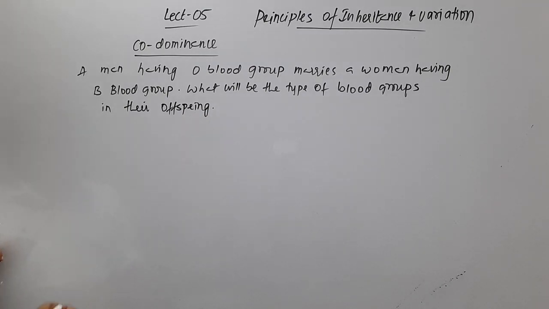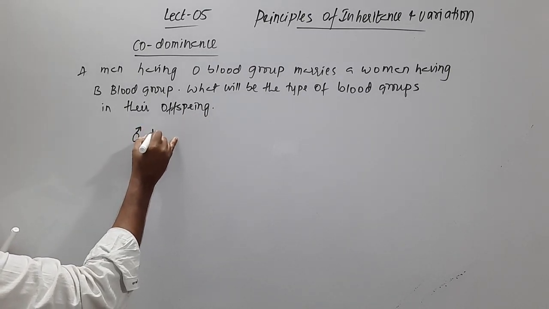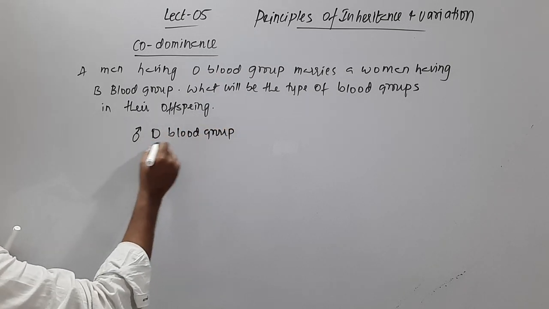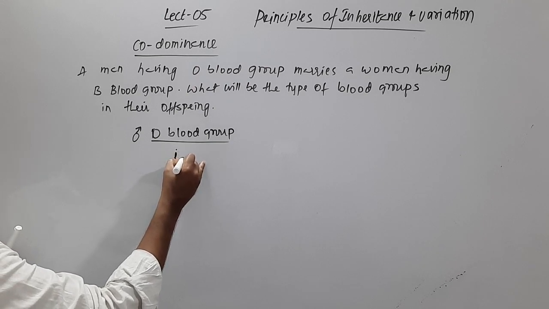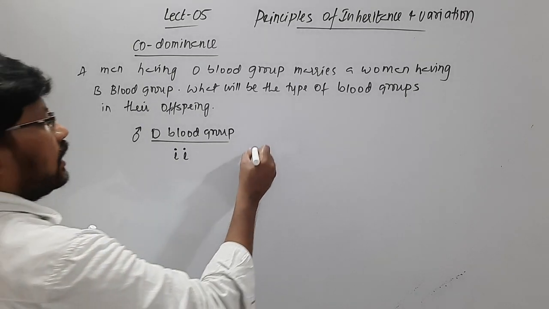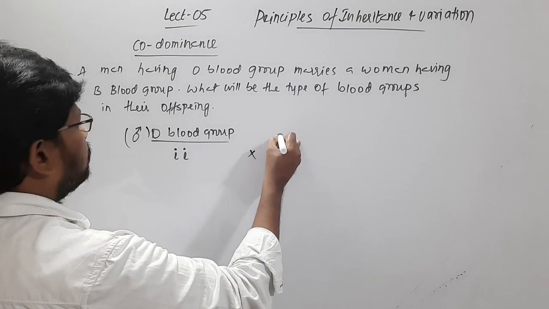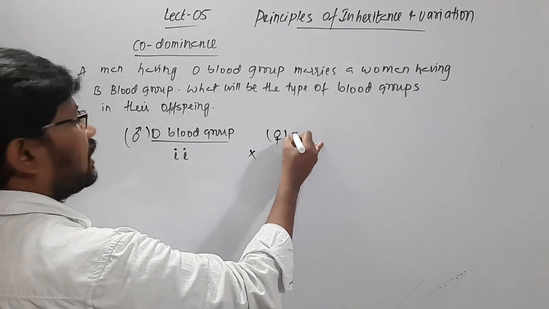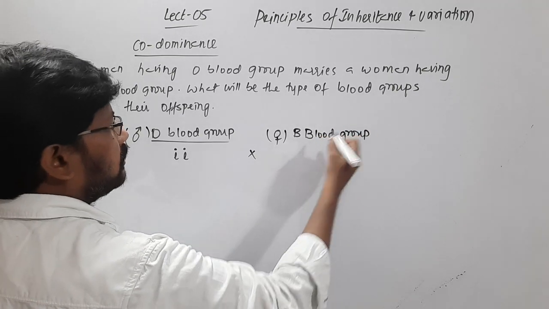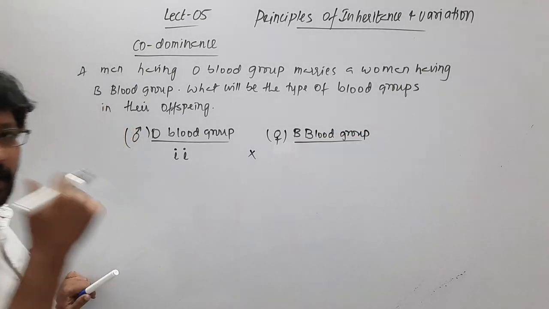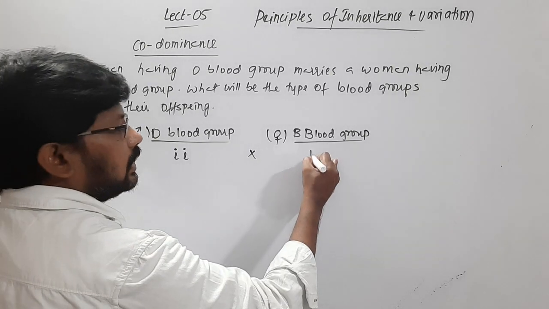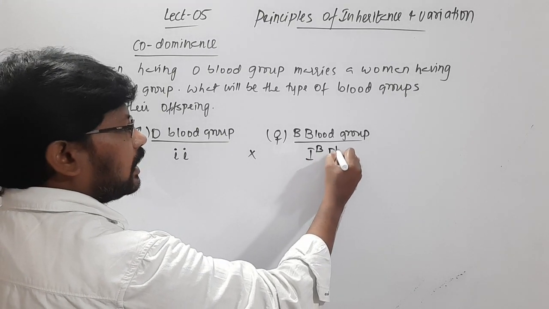So let's see. In the male, I said it is O blood group, and we know O blood group gets expressed in homozygous condition, right? So that will be small i, small i. Now the woman is having B blood group. As I did not mention whether it is homozygous or heterozygous, first we will see the homozygous condition, IB IB.